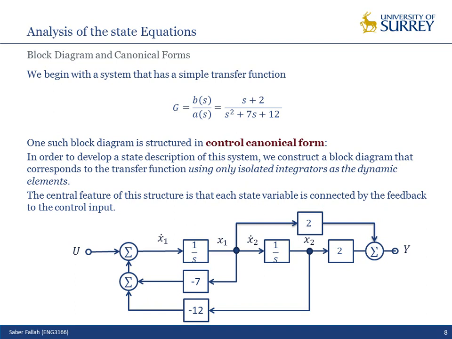X2 is equal to x dot 2 over s, and x1 is equal to x dot 1 over s. X dot 1 is given here: minus 7x1 minus 12x2 plus u.